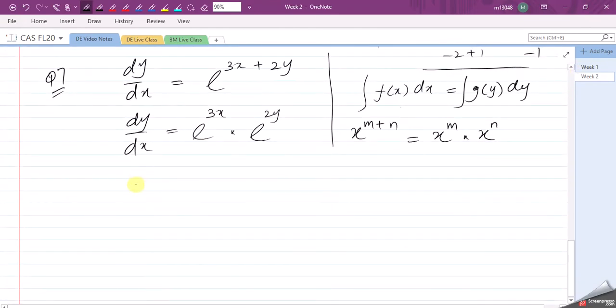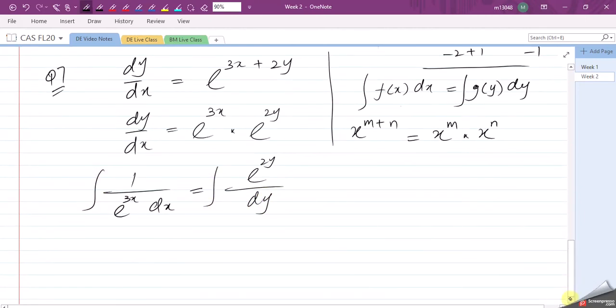So we will bring 3x comes down, dx, 1 over e raised power 3x dx equals 1 over e power 2y is up, e raised power 2y dy.